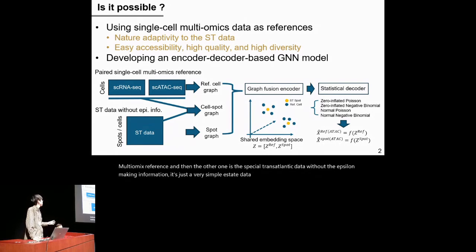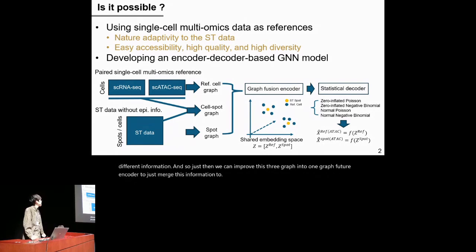And then we use these two data to generate three different kinds of graph. These three graphs have different information. Then we can input these three graphs into one graph fusion encoder to merge this information into a shared embedding space.